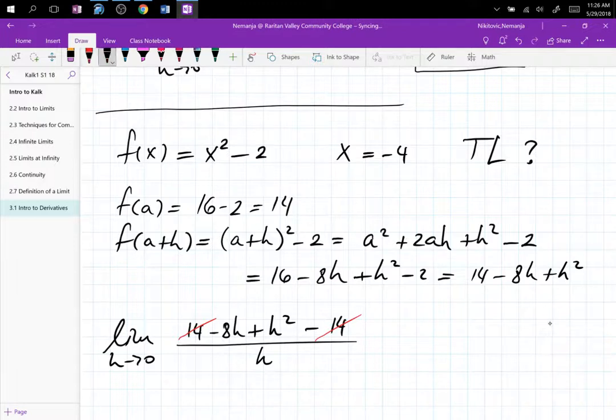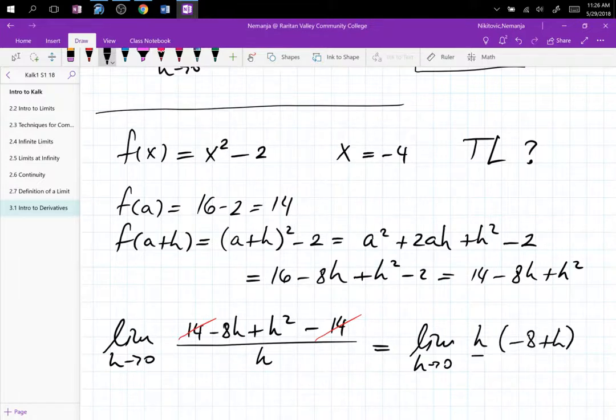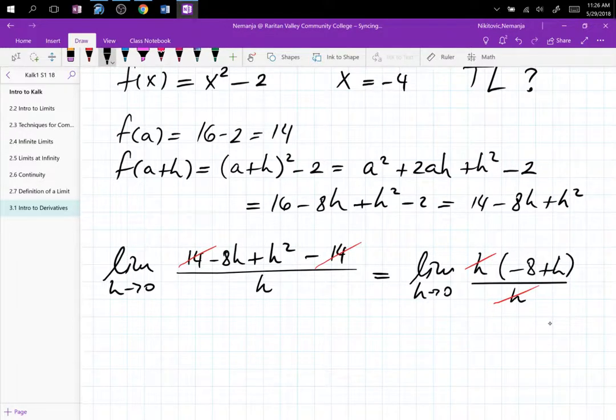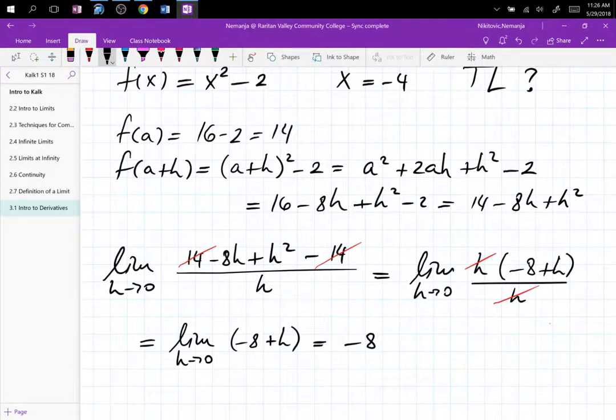The 14s will cancel. I can kick out an h, leaving negative 8 plus h in parentheses. Then the h that we factored and the h in the denominator cancel. And we have the limit as h goes to 0 of negative 8 plus h. Well, if h goes to 0, then the answer is negative 8, and m tangent is negative 8.